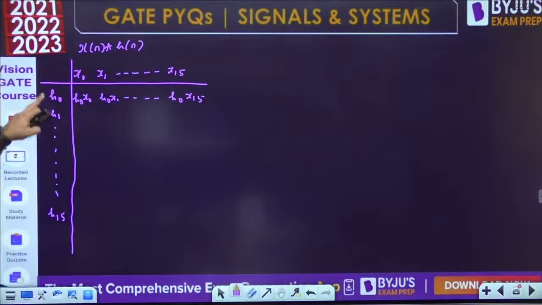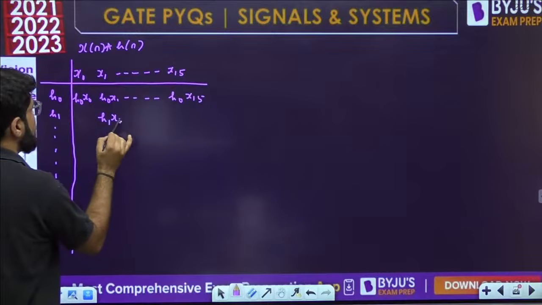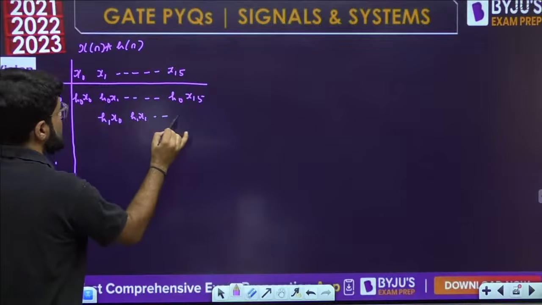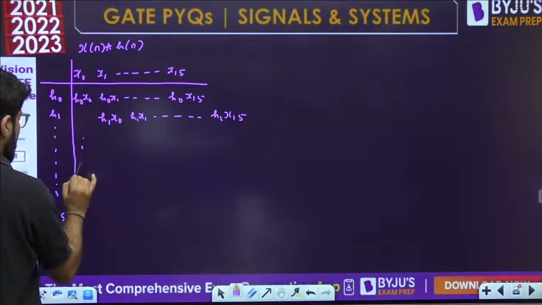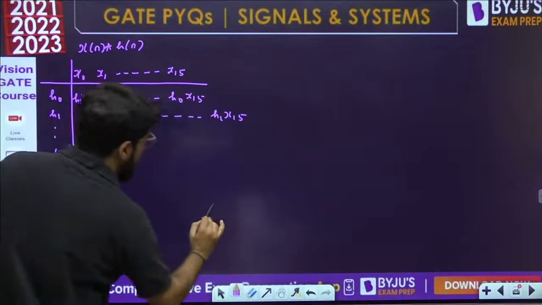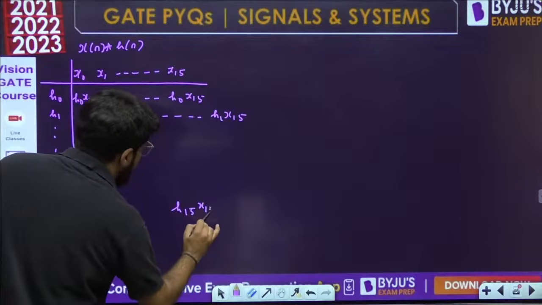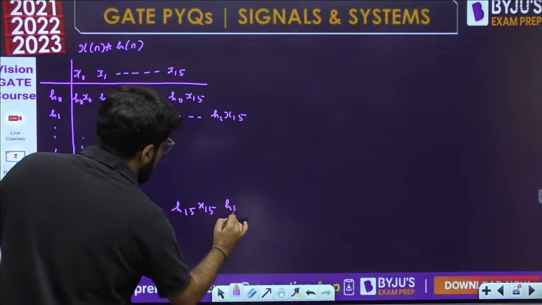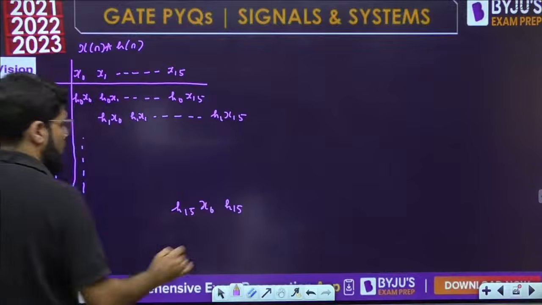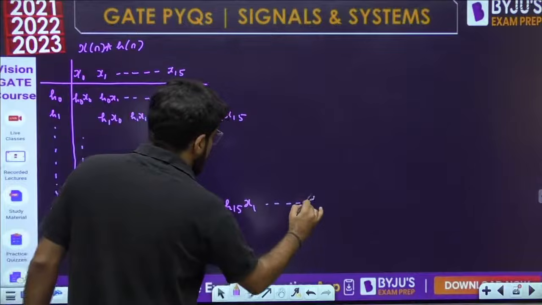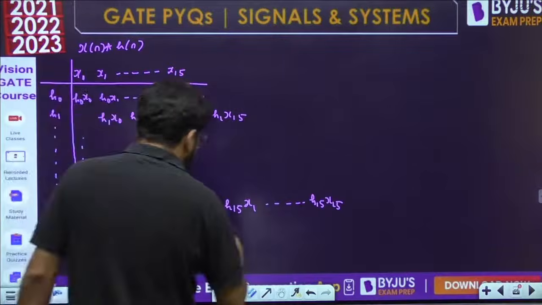Then I will multiply h1 with all elements on top, but with a 1 unit right shift: h1x0, h1x1, etc. up to h1x15. I will keep doing it till the last row, h15x0, h15x1, etc., until h15x15. Then I will do the sum by column.